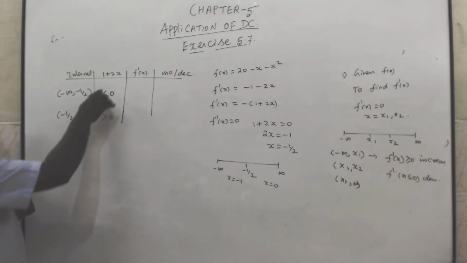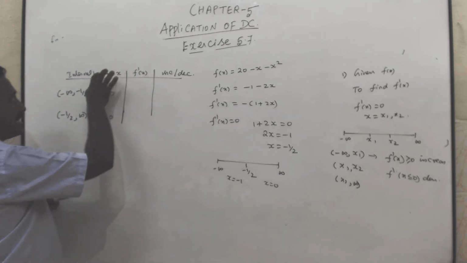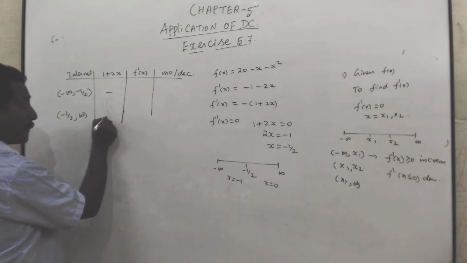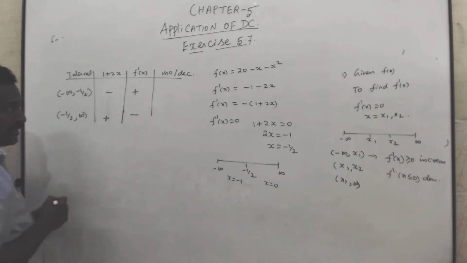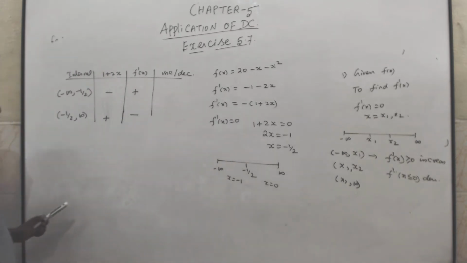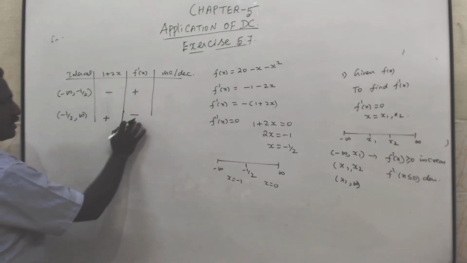That was 1 plus 2x, but f dash of x is minus of 1 plus 2x, so this answer is multiplied by minus. Here minus, here plus. Minus into minus is plus, plus into minus is minus.